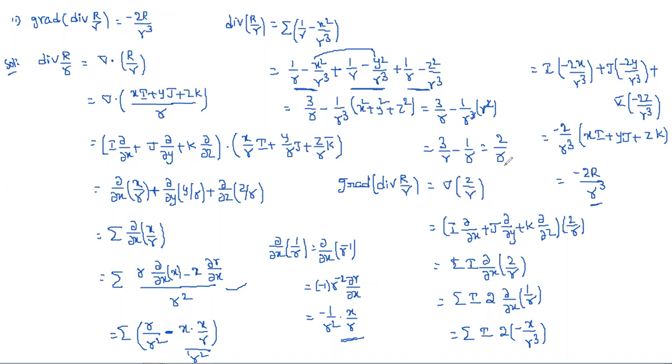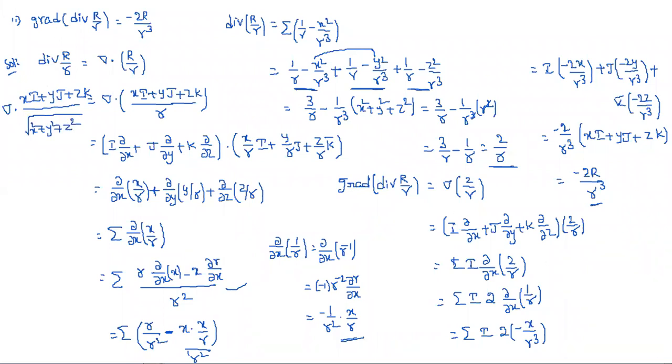See here, the divergence of 2 by r, so the divergence of R by r. Here capital R is xi plus yj plus zk, and r is the square root of x square plus y square plus z square. Is it necessary to calculate again? It is the same question, the divergence of R by r, which we got as 2 by r, and that is what they asked: 2 by square root of x square plus y square plus z square.